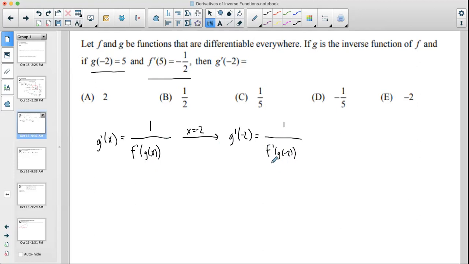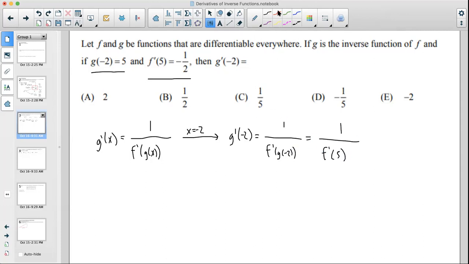The problem here is, if I knew what f was, I could take the derivative and maybe plug a number into it down here, but I don't have f. All I have is these two pieces of information, but that's enough. It tells me that g of -2 is 5. So this is really 1 over f prime of 5.